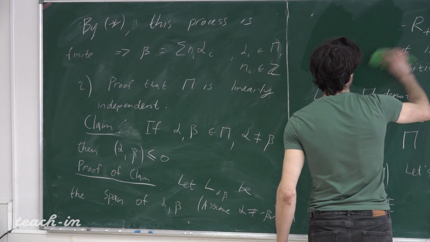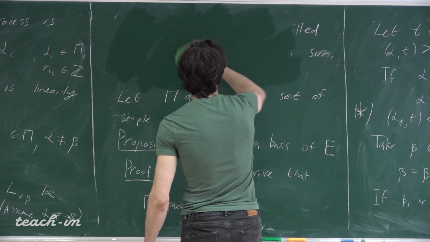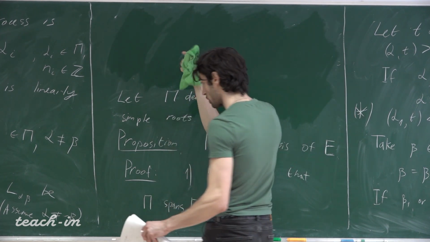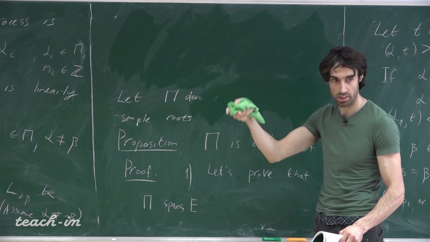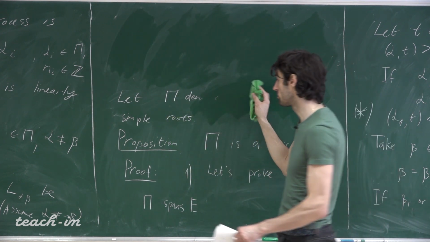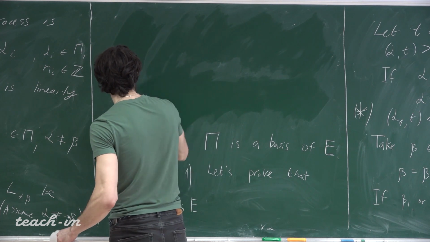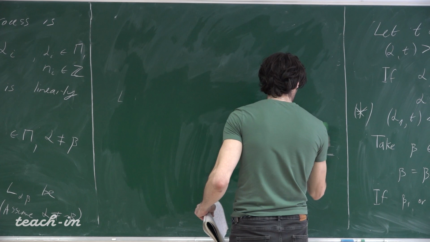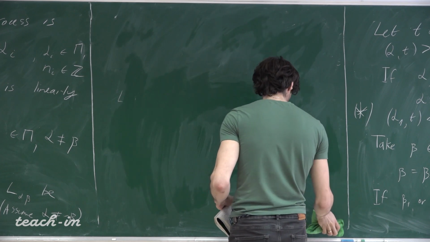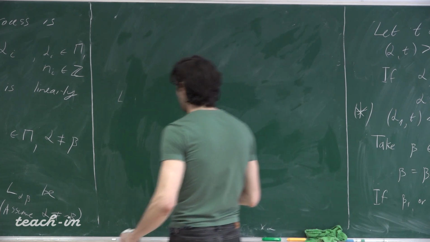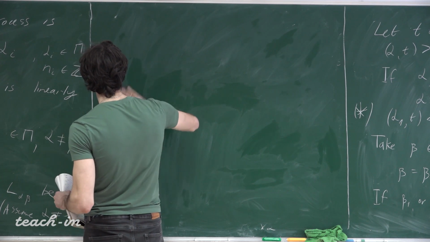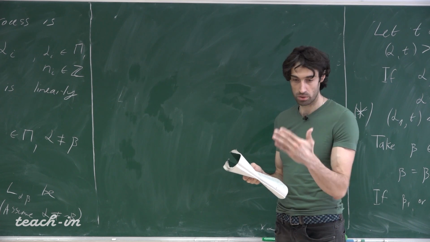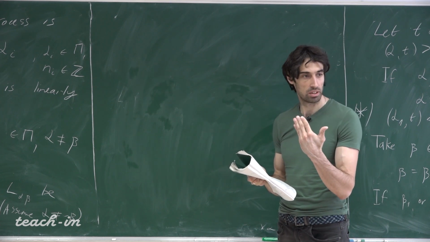Then, if I take this plane and look at which roots actually belong to this plane, I would like to consider the intersection of R and L alpha beta. And then I claim that this intersection is a root system in L alpha beta.